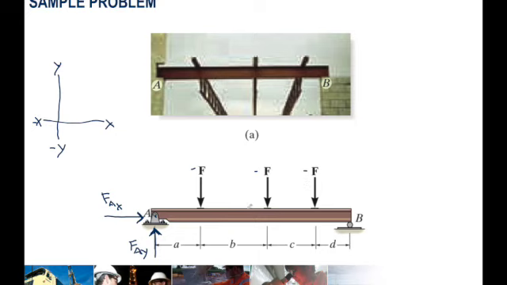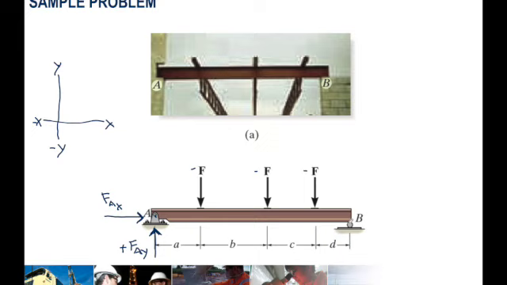So the logical assumption is that this FAY should be going up, or positive. Why? You cannot get a zero summation if all your forces are negative.